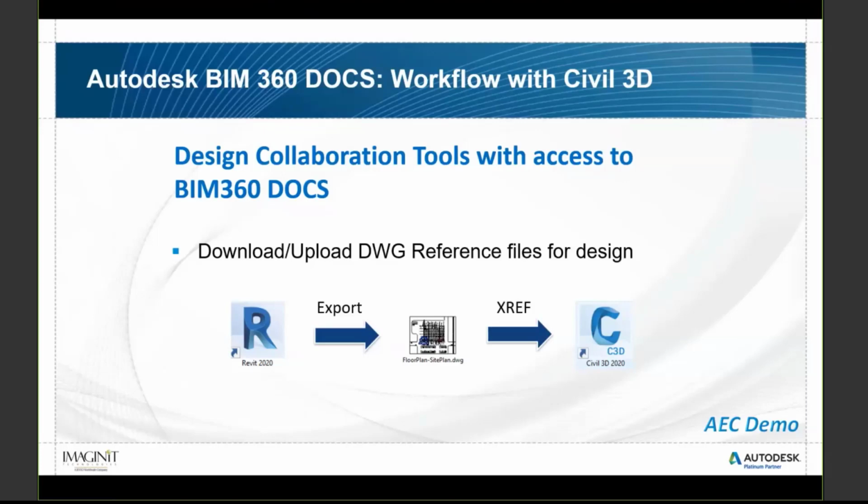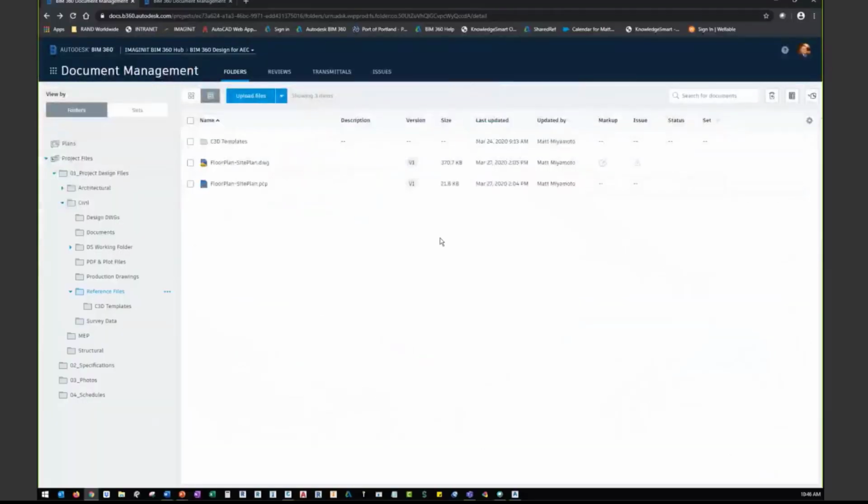If I take a look at BIM 360 Docs here, I can see that I've got some reference files, and there was a floor plan called Site Plan that was directly exported from Revit straight to a 2D AutoCAD file. So I'm able to access this through my BIM 360 Docs account. I've been provided folder access by Scott as the project owner, and I can use this in my design.